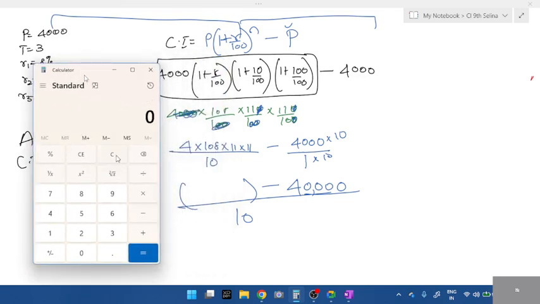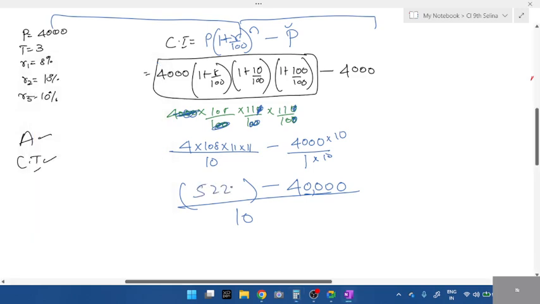What's the answer we got? You all got 4 into 108 into 11 into 11. Is it 52? 272? 272. If you subtract this, you get 12,272.